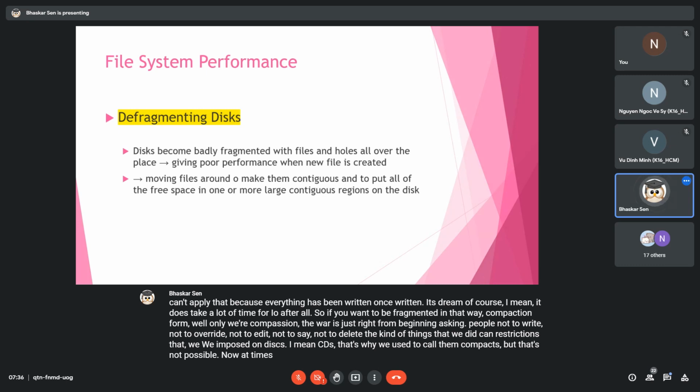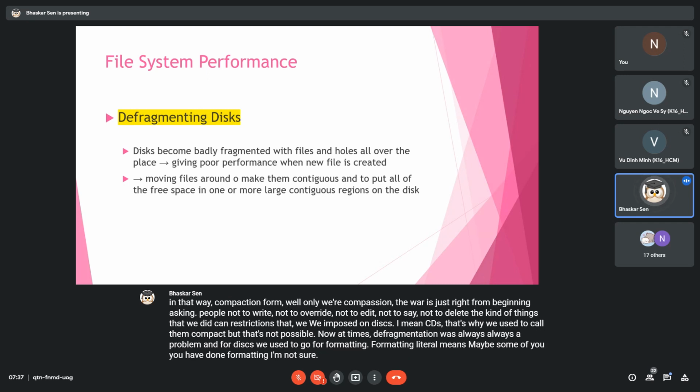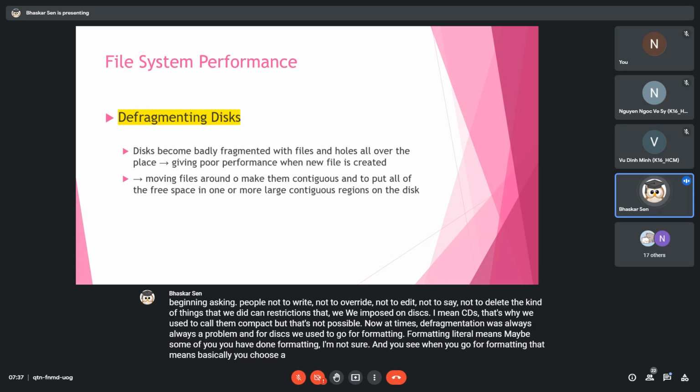At times, defragmentation was always a problem, and for disks, we used to go for formatting. Now, formatting literally means, maybe some of you have done formatting, I'm not sure, that you choose a drive that you want to format. Well, don't do it, because it will delete everything.